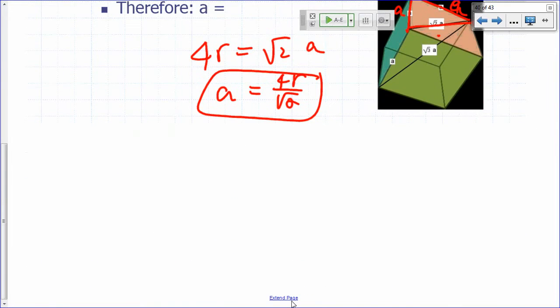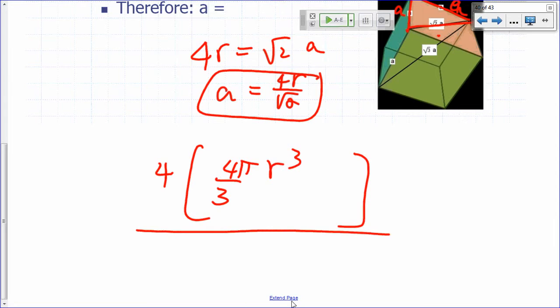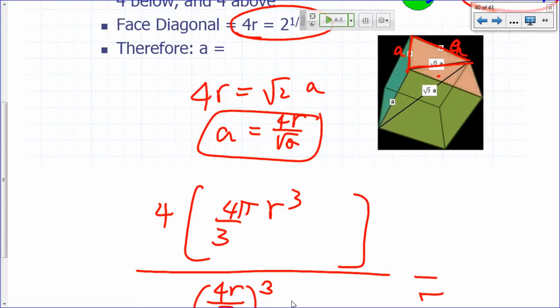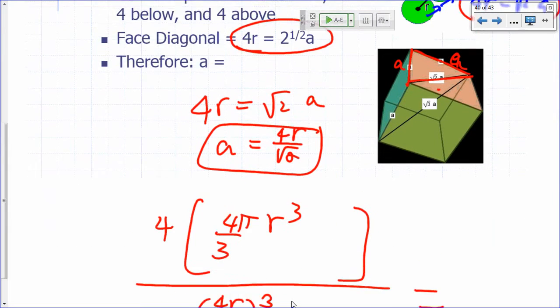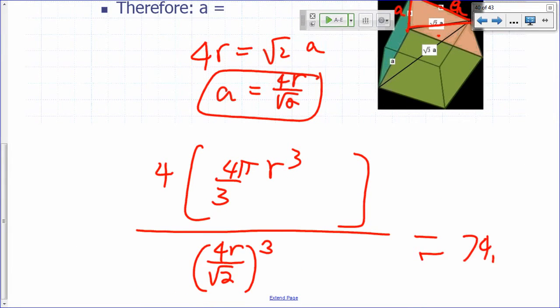So your packing efficiency is going to be equal to what? 4 times the volume of a sphere, which is 4/3 pi r cubed, and then your volume of a cube is 4R over square root of 2 cubed. And you should be able to show that this comes out to how many percent? 74.5%. So this is a much tighter packing of the particles within your unit cell.